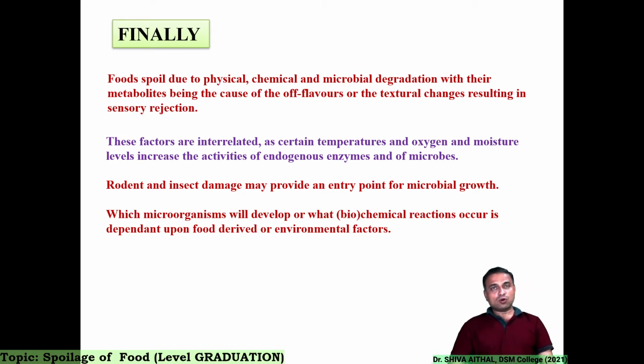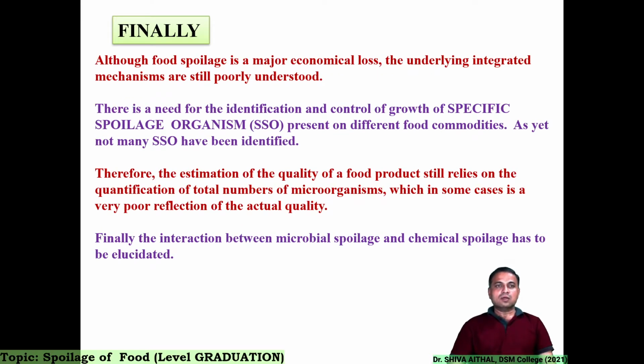Which type of microorganism will develop, or what type of biochemical reaction occurs in which type of food, is dependent upon the type of the food and in which environment it is kept. That has to be remembered and that has to be sensibly cultivated.